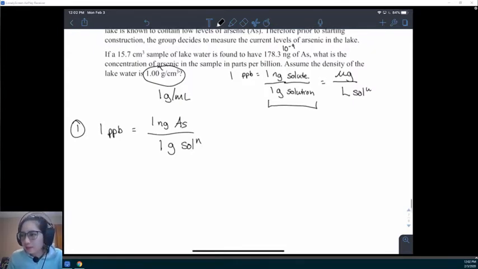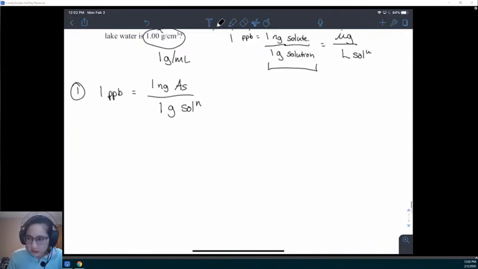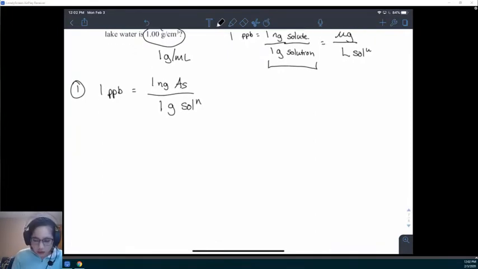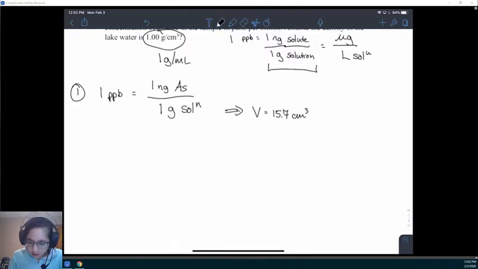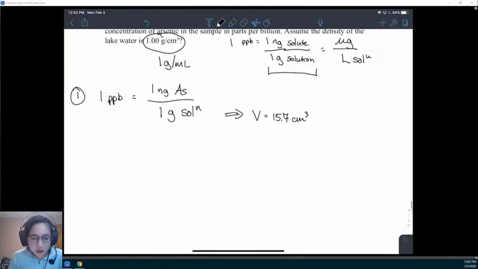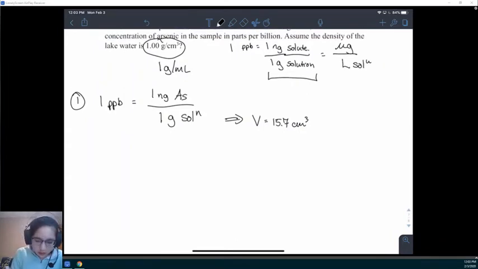All right. So for the mass of the solution, they told us that the volume of the sample was 15.7 centimeters cubed. So if we use the density that they gave us, there's 1 gram of sample for every 1 centimeter cubed.